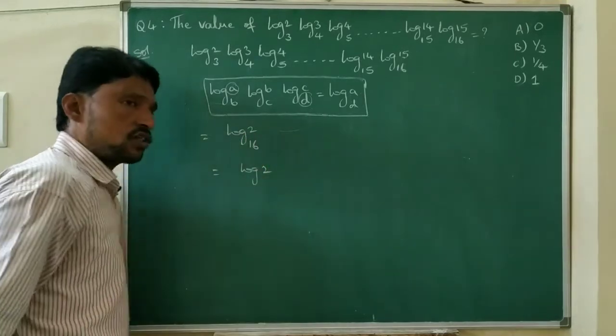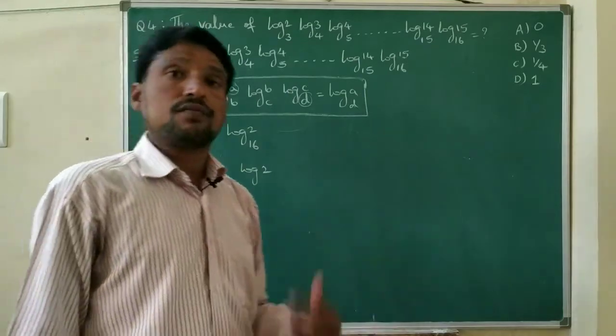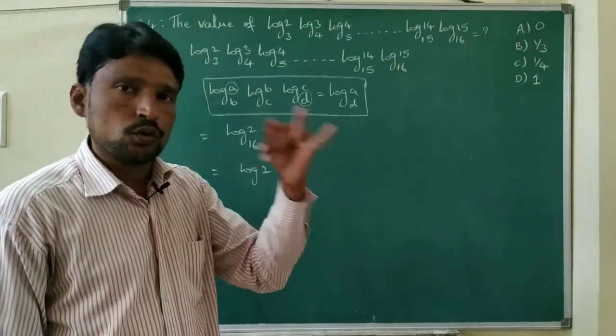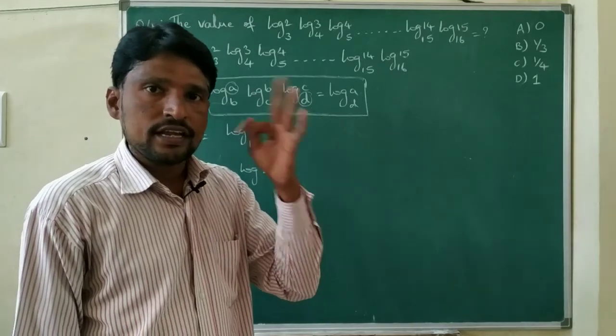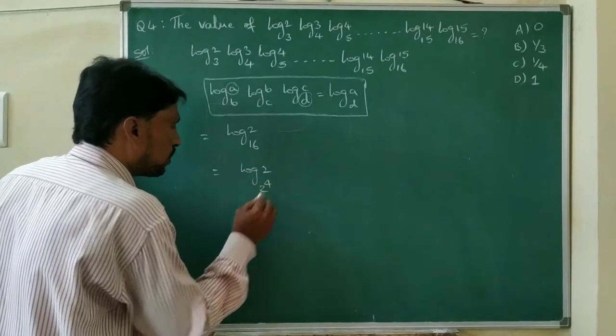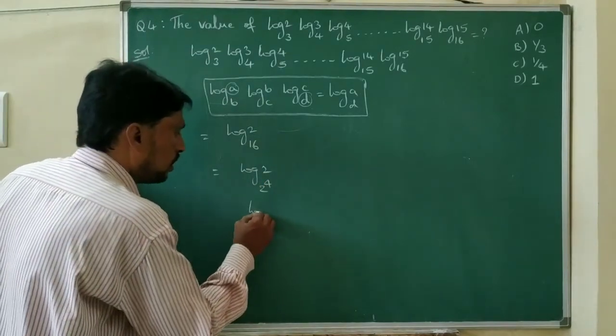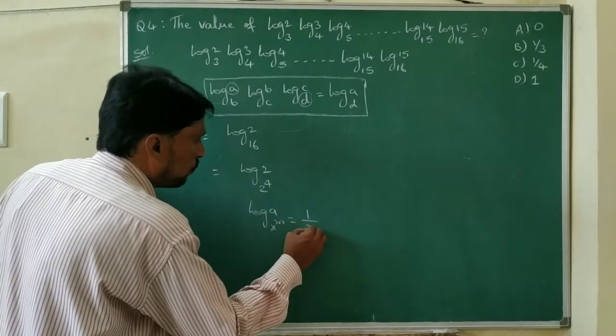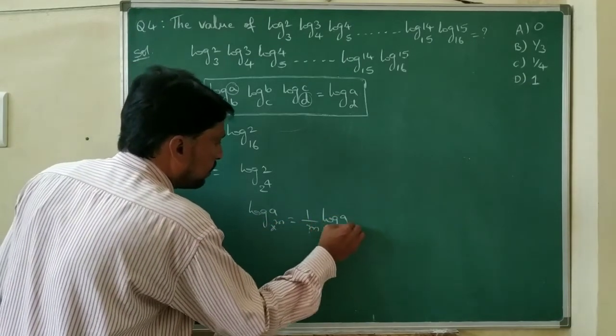This 16 we can also convert into a power of 2. 2 twos are 4, 4 twos are 8, 8 twos are 16, so we can write 2 power 4. We already know the formula: log a base x power m equals 1 by m log a base x.